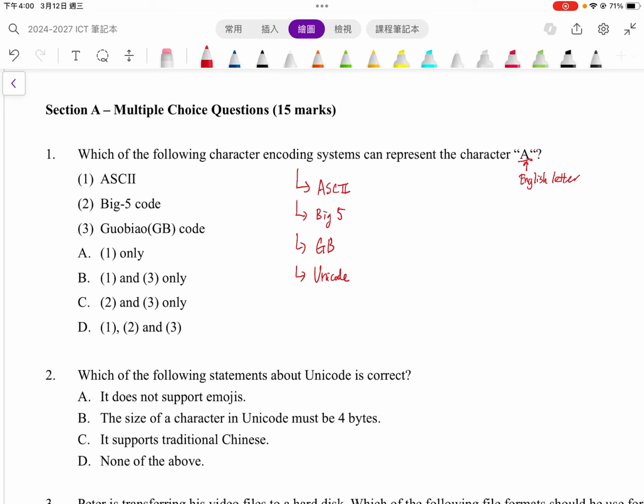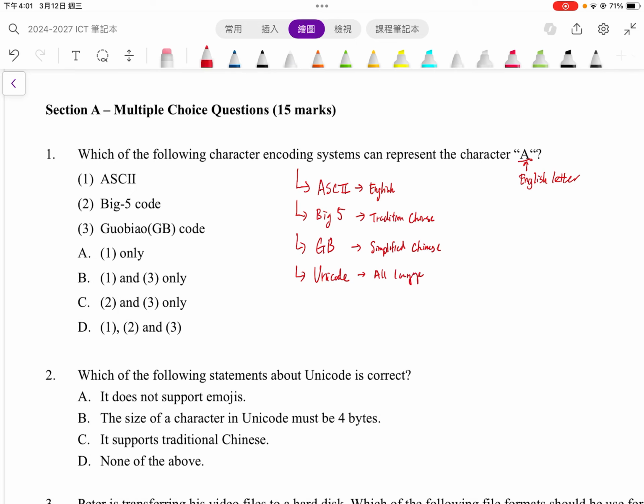So you know the uniqueness of each of them. That means this is for the English letter, this is for the traditional Chinese, this is for the simplified Chinese characters, and this is for all languages, right?